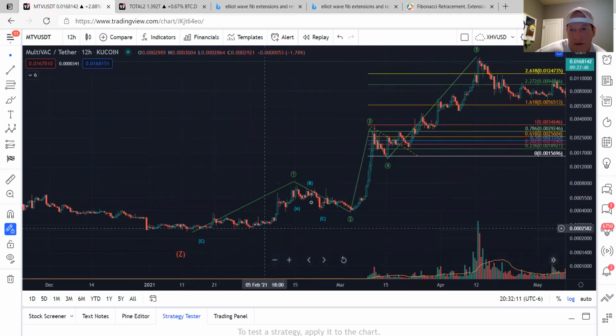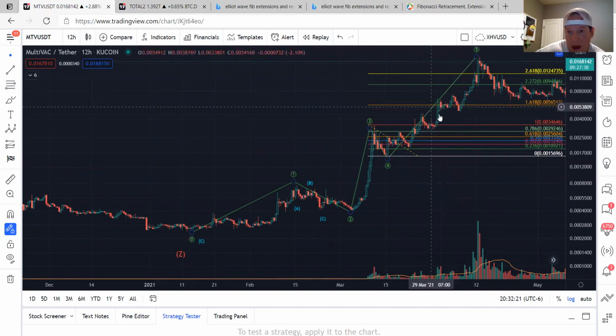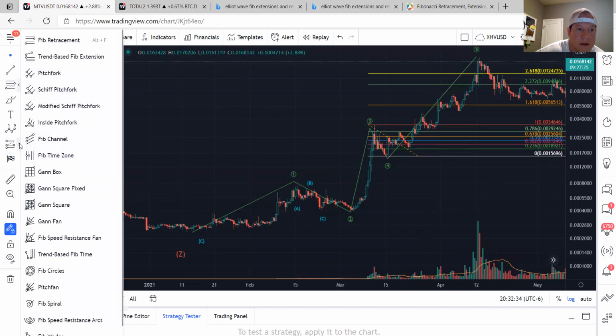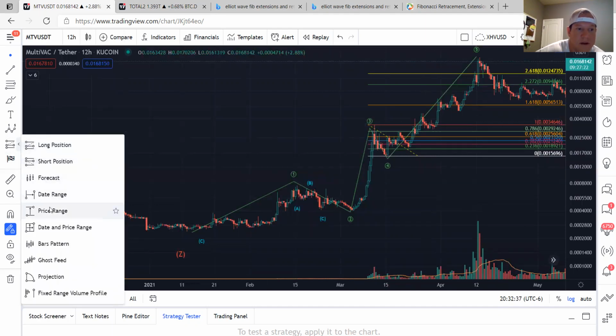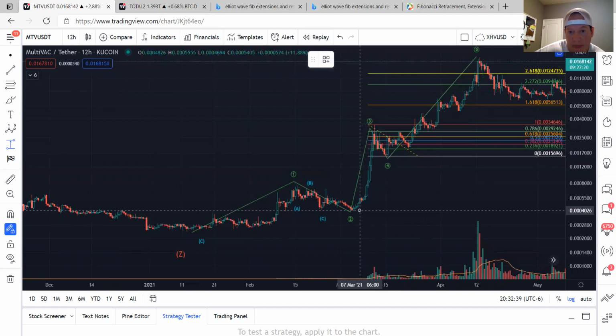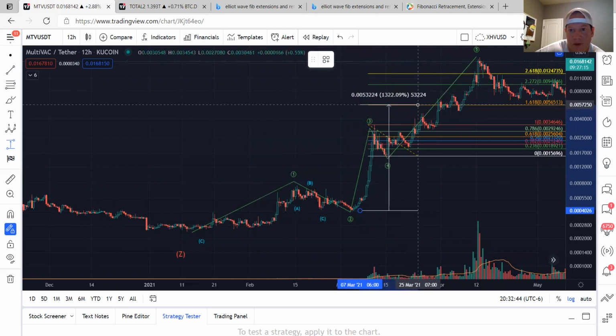So that is a very, very strong impulsive wave up, where I told you I would conservatively get out if I bought a 4, or even if I decided to buy a 2 and then hold to the 5, would be around 0.005, which would still have been, this is actually a trade I took, still would have been 1,300%.